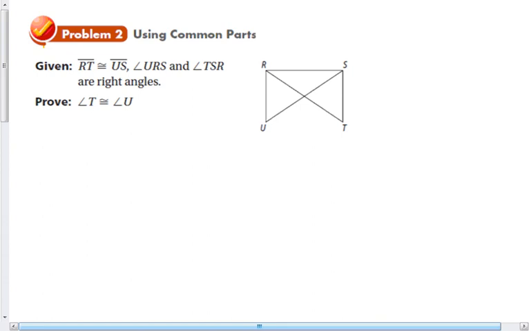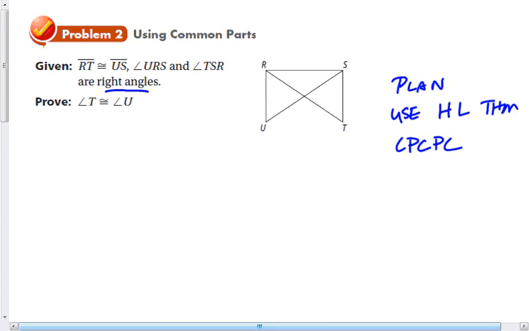Since these are right angles, our plan will be to use the HL theorem, because we have two right triangles. To use the HL theorem, we have to show that we have right triangles, a leg that's congruent, and a hypotenuse that's congruent.